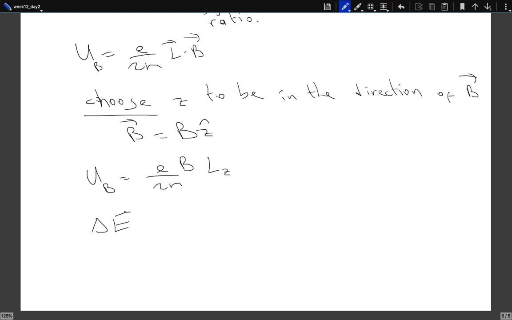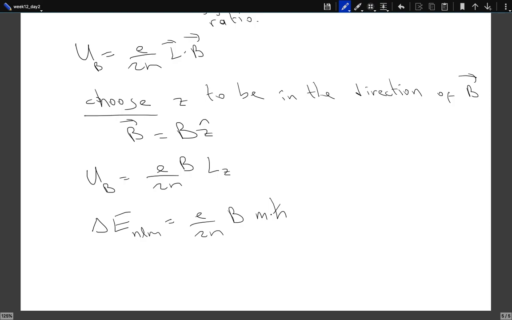And the shift in the energies of the NLM state is just eħ over 2m times B times M. This is the shift in the energy of the NLM state. You see, before, the energies of the NLM state depended only on the N value, not on anything else.